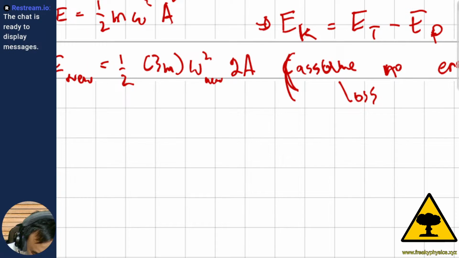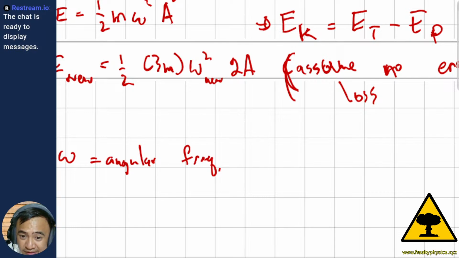The next thing we need to know is this omega. This is again the angular frequency, right? Now, the problem with this particular question is we're not actually given angular frequencies, right?